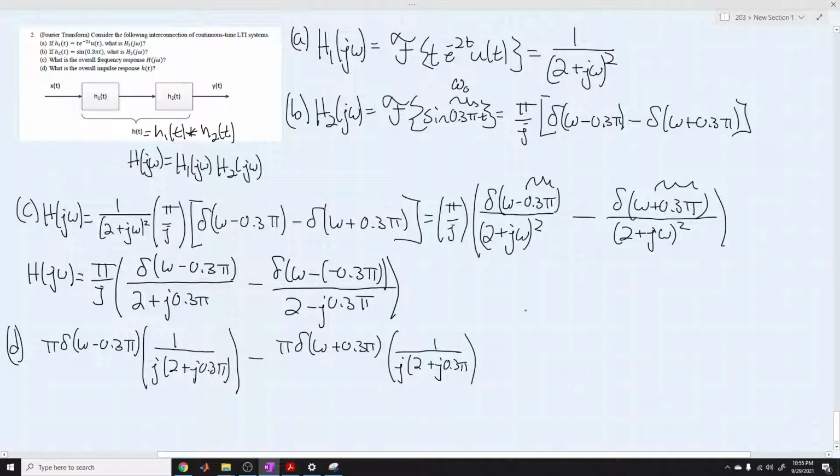And if you look at table 4.2, we have a pair. The time domain signal is e to the j omega naught t, and in the frequency domain we have a 2 pi delta omega minus omega naught.